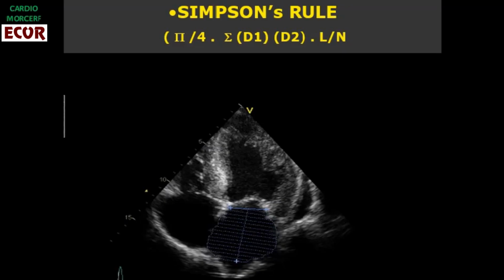The method more often used to obtain the left atrial volume is the so-called discs method or the modified Simpson rule. It is also necessary to get the circumference of the left atrium by planimetry and the longitudinal diameter of an apical 4 chambers or even a 2 chambers view.